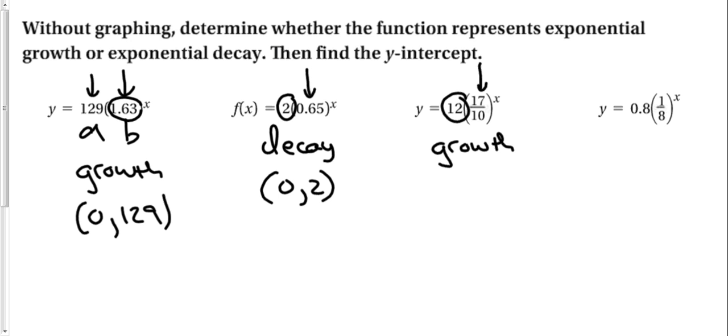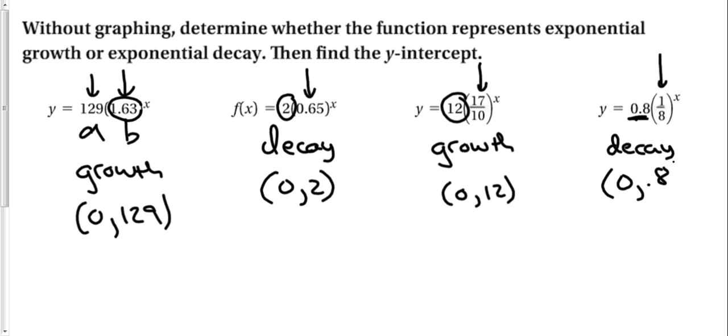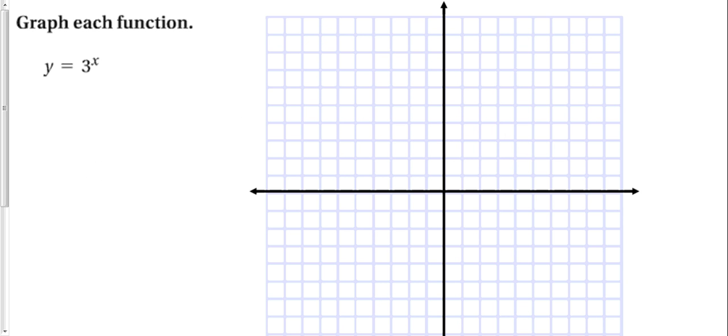And of course, that number right there tells us the intercept point is (0, 12). And the last function right here on the end is going to be decay. And this number right here tells me my y-intercept. Doesn't matter that it's a decimal. It's still a point.